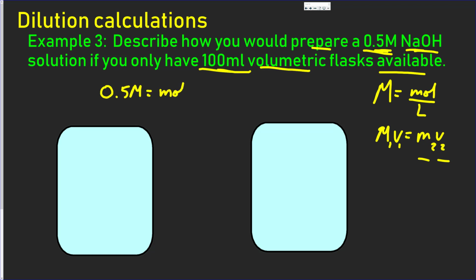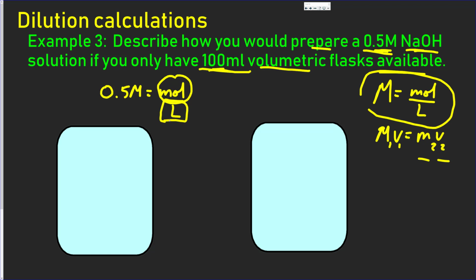So here's my moles over liters, and I'm trying to calculate the moles. But I don't know how many liters I have because it's not given. It's only given that I have a 100 mL volumetric flask. When you're given a molarity, it is moles per liter.